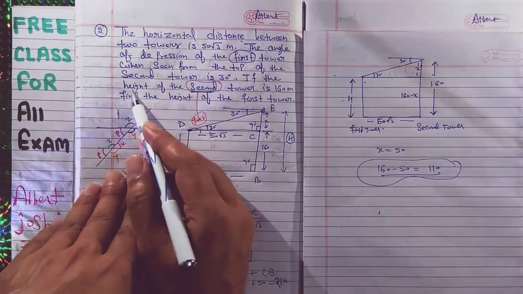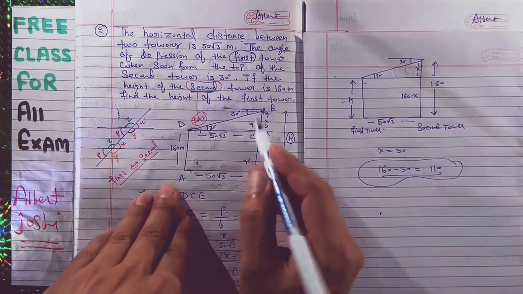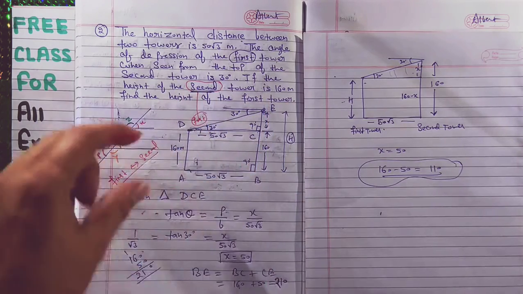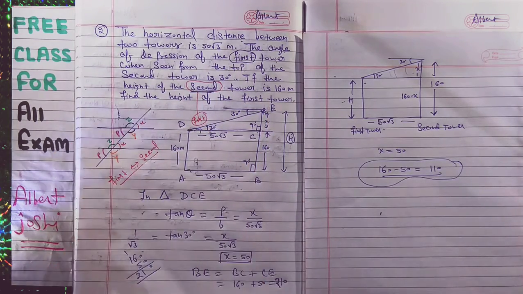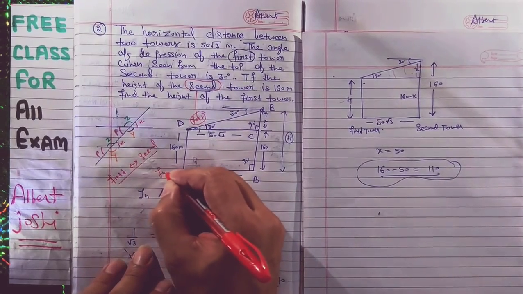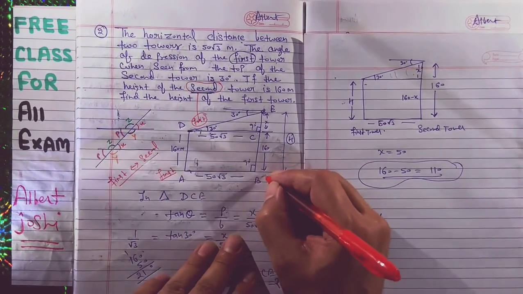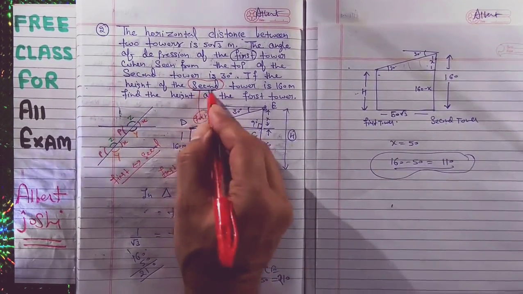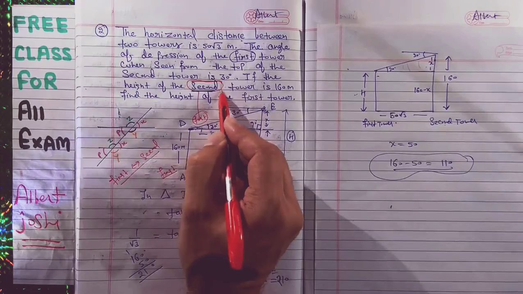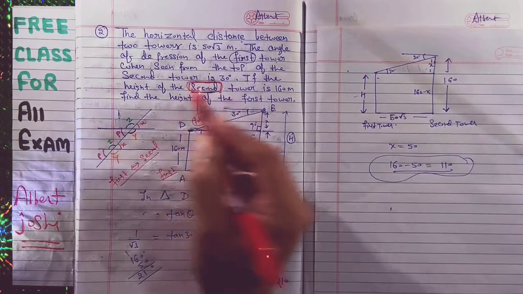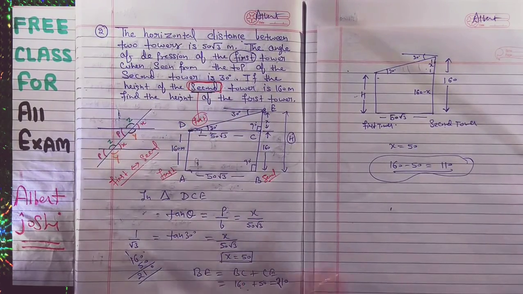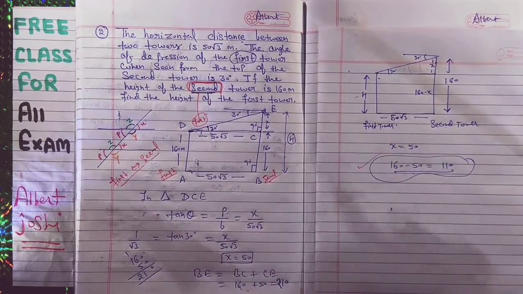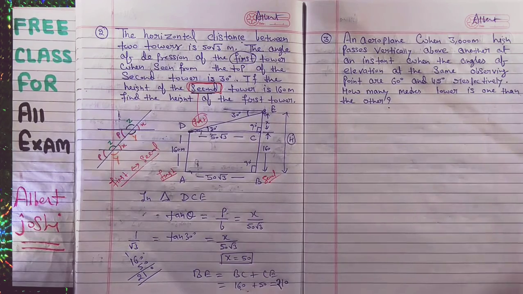If the height of the second tower, first tower is 160, so that is 160. Here your first tower is this and this is your second. Here is also second and first, only you have to change this value. If you change this value, then this is the method. If you write here second, then this is your solution. Okay, I think you understand.